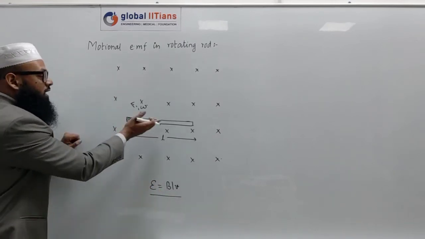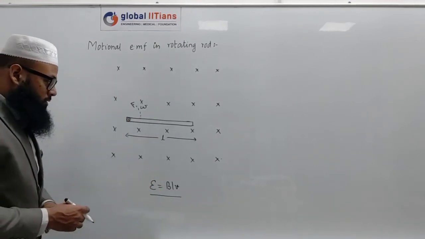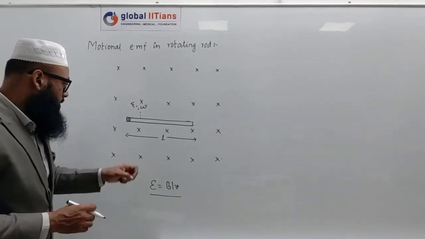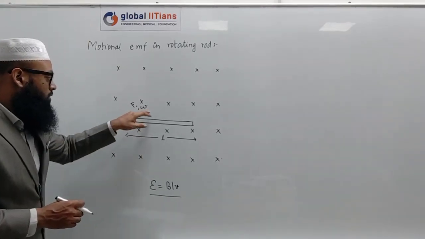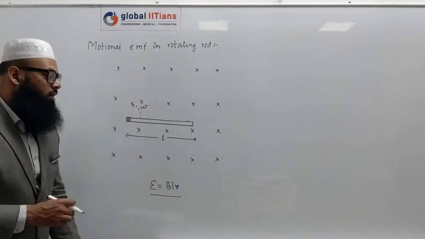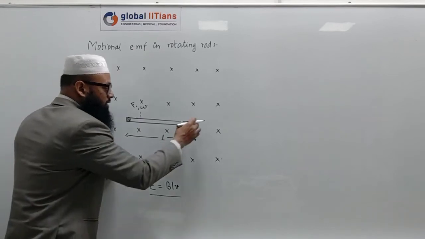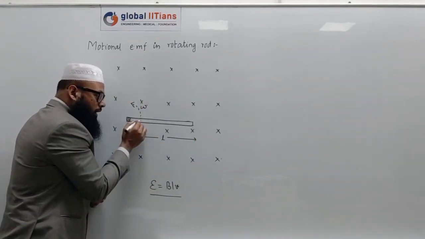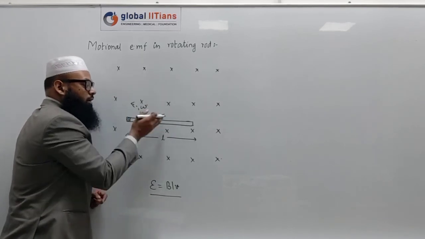What happens if it starts rotating? This question becomes very important as a result of inclusion of both rotational mechanics as well as electromagnetic induction. How is rotational mechanics involved? Let's try to understand. As it is rotating, all the particles on this rod are also rotating along with it.